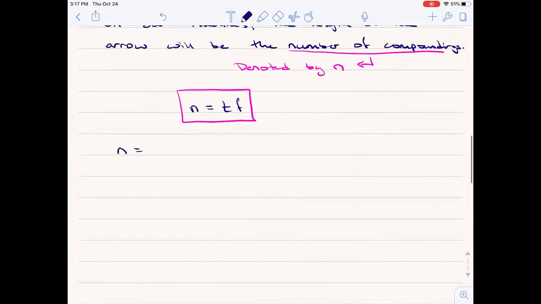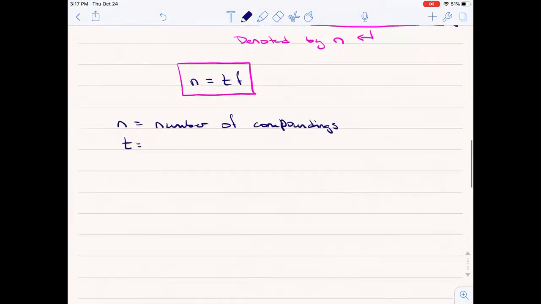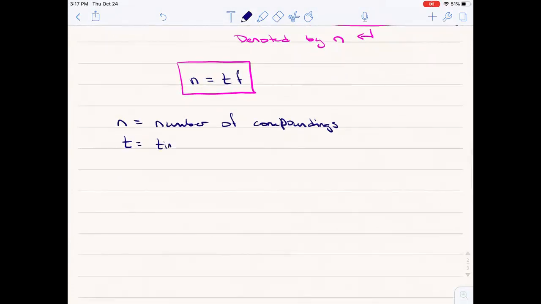So n is the number of compoundings. T is still time in years, right? So that's the same as in simple interest. We use the same notation. T is the time in years.